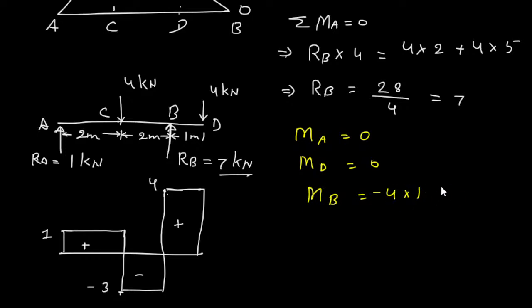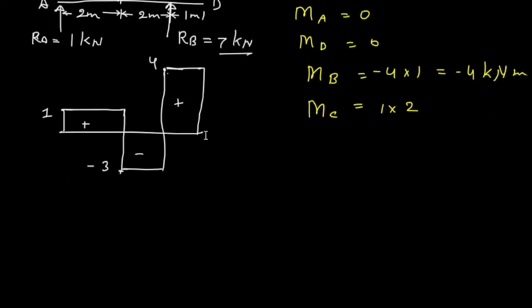So I will say minus 4 times 1 is equal to minus 4 kilonewton meter. And then moment at point C is, what? 1 times 2. That's it. Because on the left of point C, there is only one load, which is the reaction. So 1 times 2.